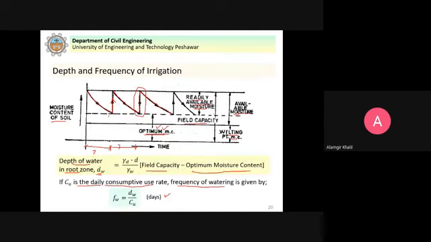So when irrigation water is applied, the moisture content will be raised from 16.6% to 27%.